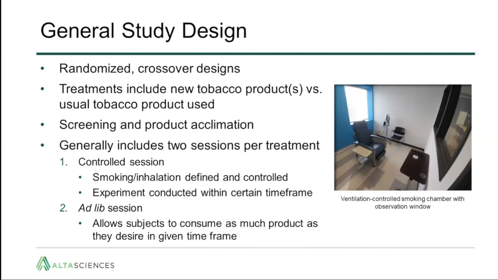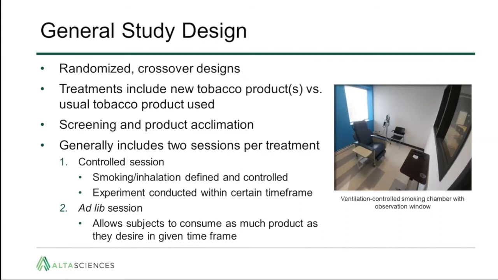So if you're introducing a new electronic nicotine delivery device or a new device for tobacco, we want to ensure that the subjects are comfortable using it, know how to use it, and can get to a baseline of usability before we begin sessions, so that there's not a learning curve or an adjustment period, and we control for that kind of behavior.